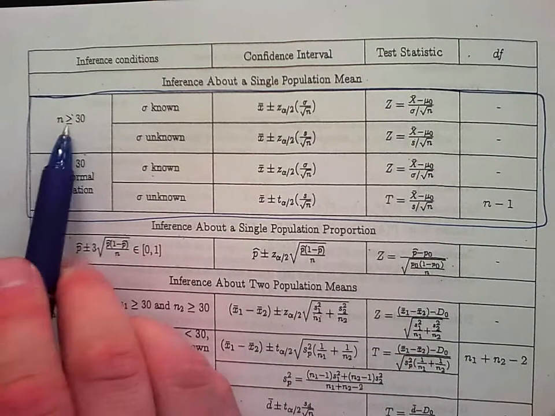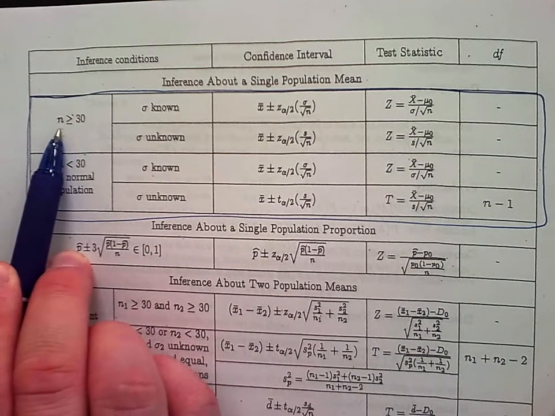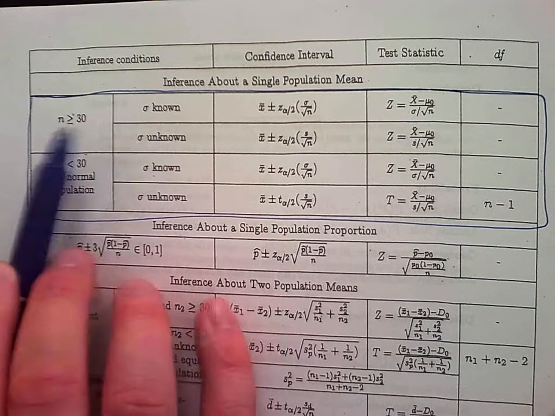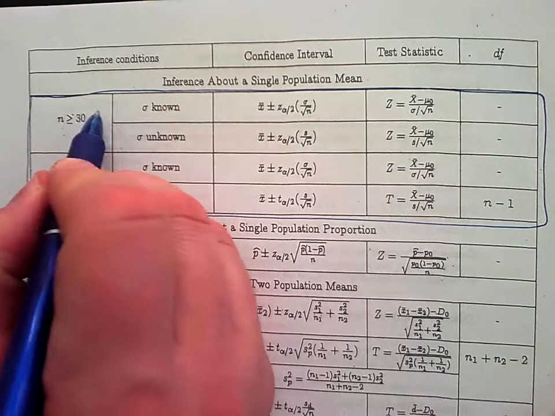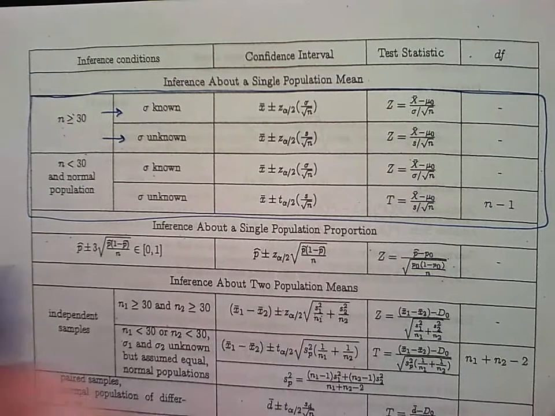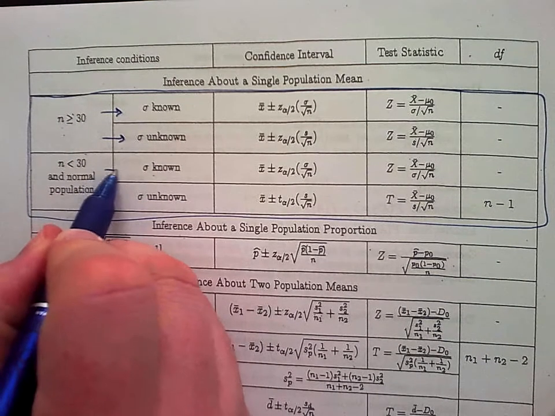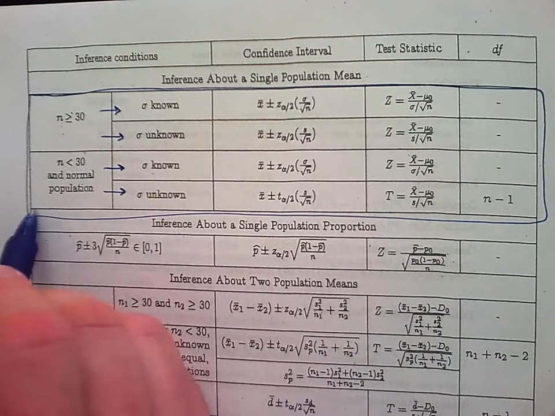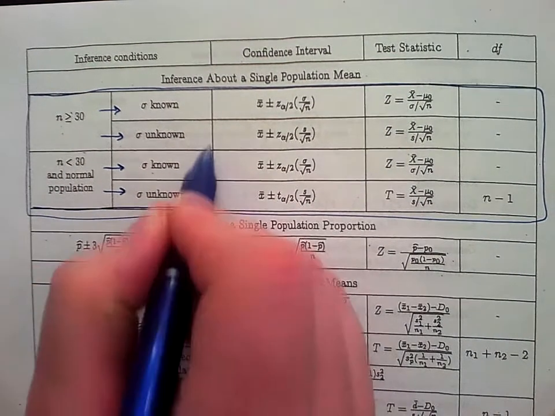If you look at the first stuff that we're asking, here we're looking at n greater than or equal to 30, but here n is less than 30. Right here, if we have n greater than or equal to 30, either we know sigma or we don't know sigma. Same thing if n is strictly less than 30, either we know sigma or we don't know sigma. So what do these two things look like?